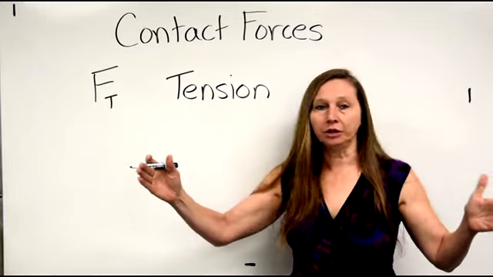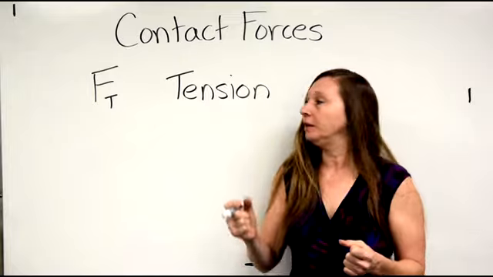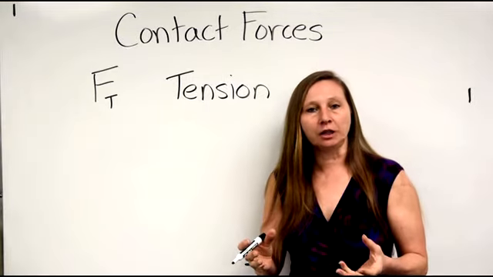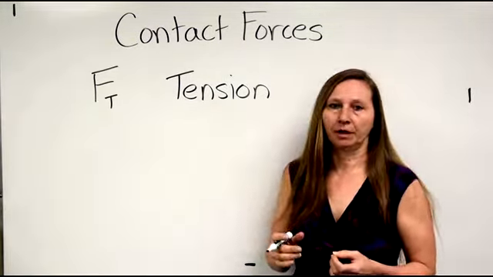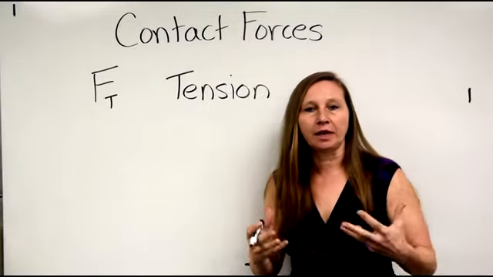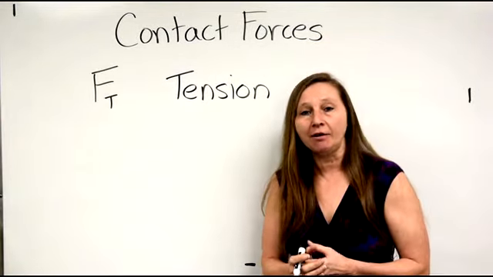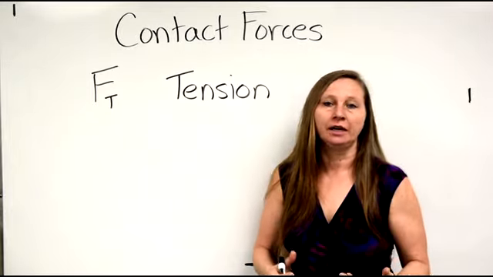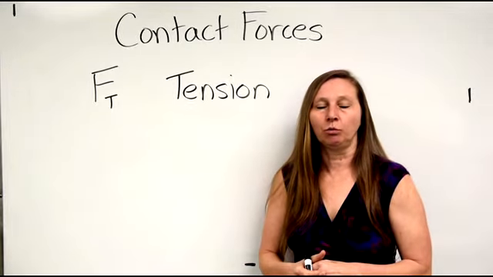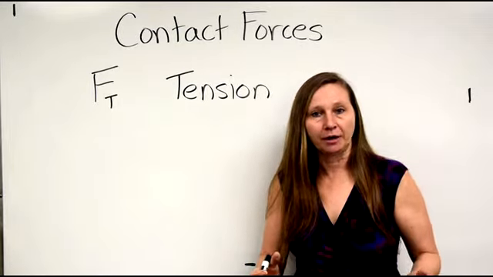But to get an adult striped bass, you would need a fishing line that has a much stronger tension rating. If you go over that tension rating, if you put something too heavy on the end of the string, rope, cable, wire, or fishing line, then that string, rope, cable, wire, or fishing line will break.